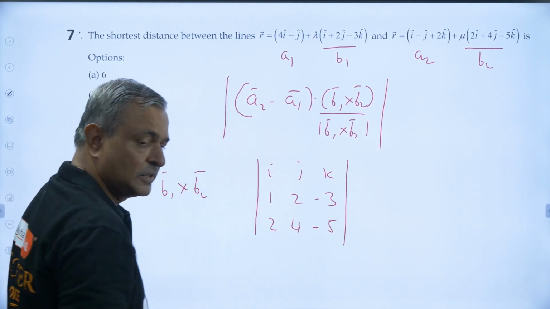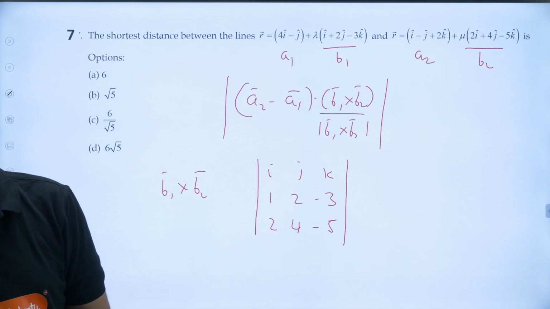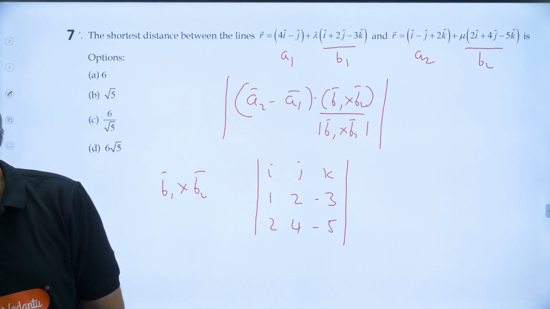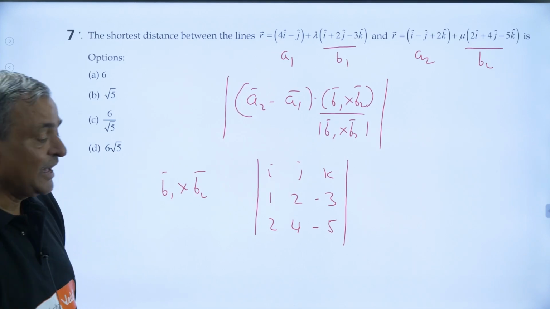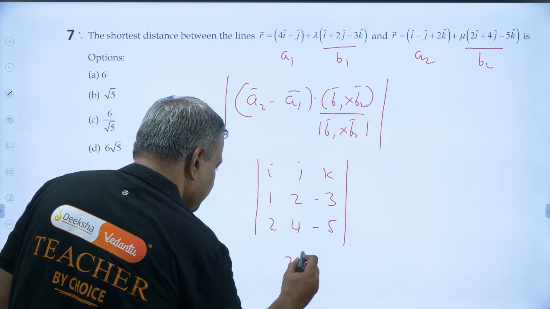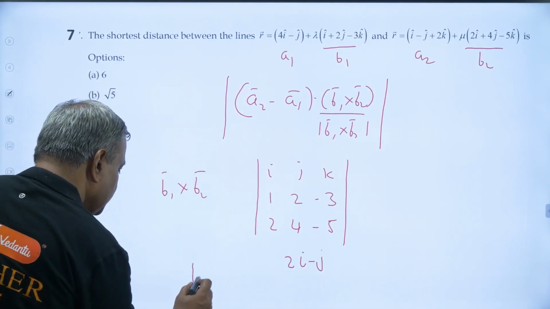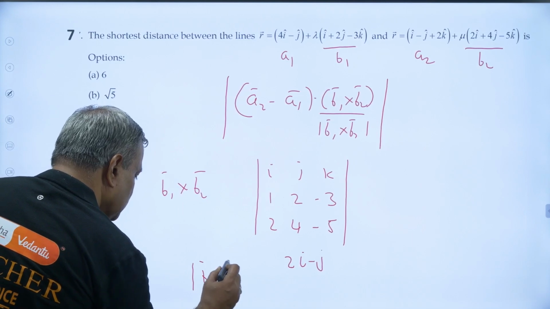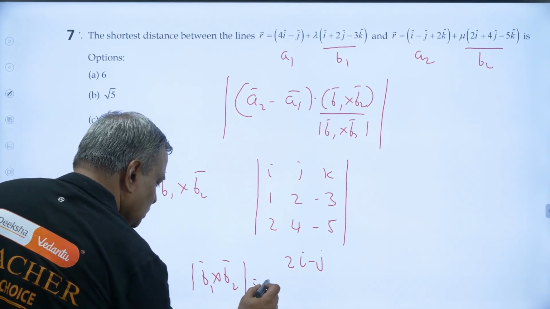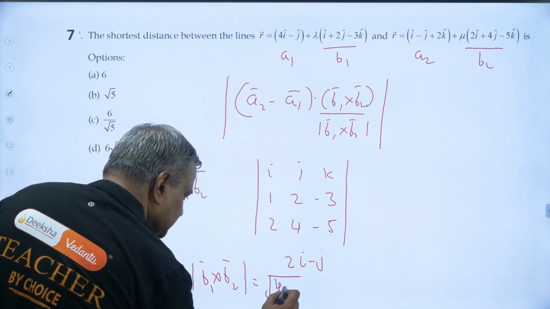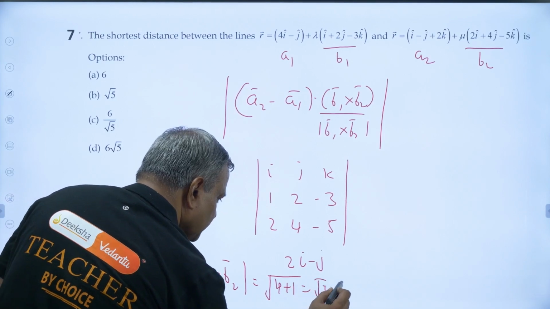This takes a little time to calculate. Once you get B1 cross B2, you will get 2i minus j. What is the mod of B1 cross B2? Mod of B1 cross B2 is equal to under root of 4 plus 1, which is equal to root 5.